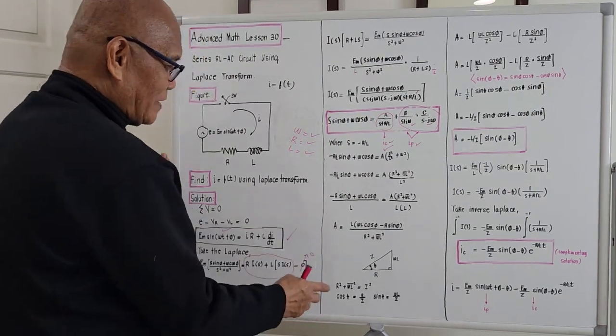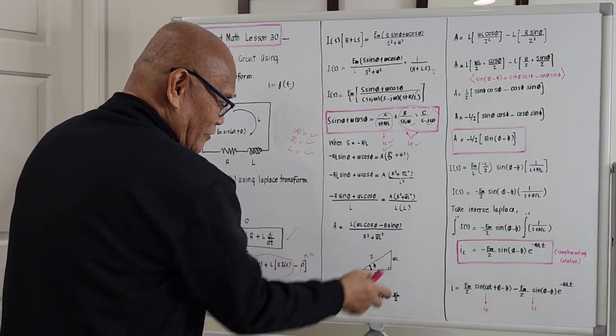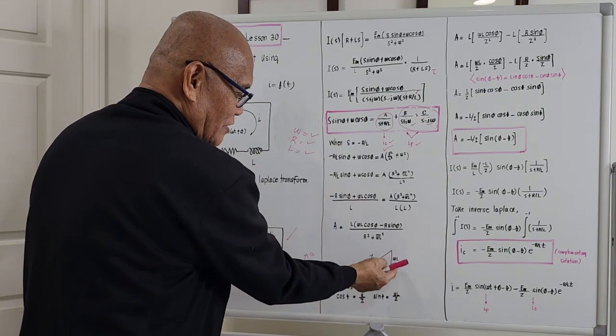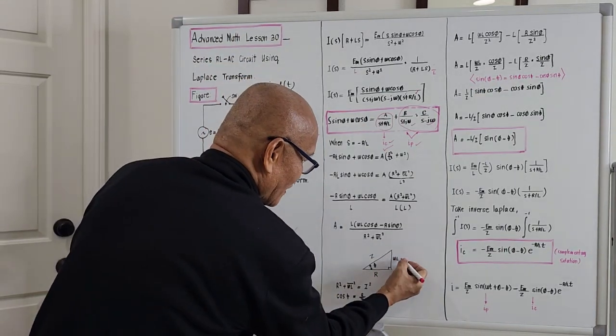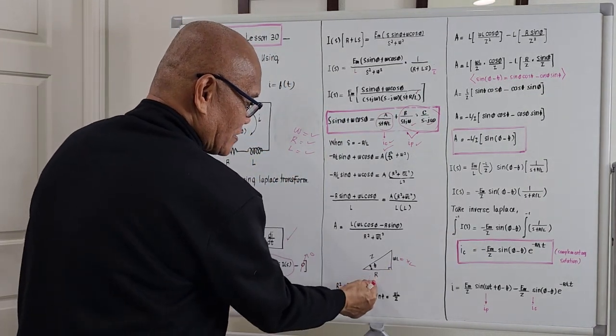And from this, don't be afraid with this one, because we are given the right triangle. For an impedance, the imaginary part is the inductive reactance, X sub L, and the real part is the resistance.